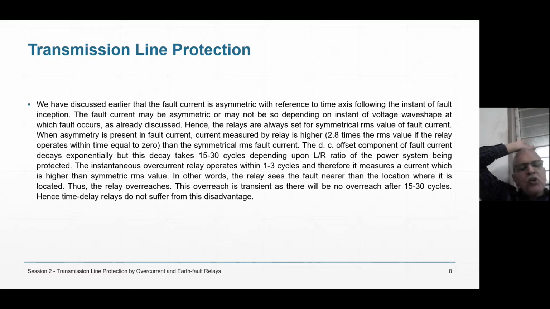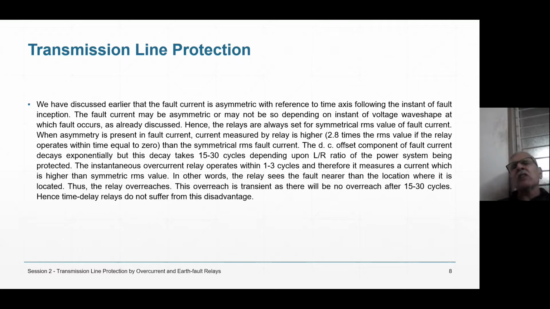Why transient? Because this is going to die down after 30 cycles. So time delayed relays are not affected by this transient offset. Only instantaneous overcurrent relays are affected. So you cannot set full line by instantaneous overcurrent relays.